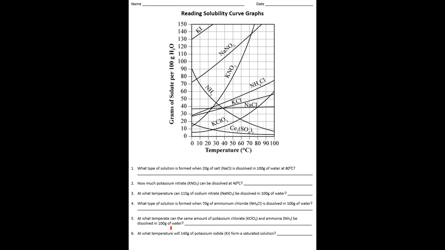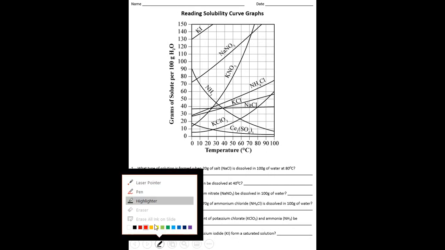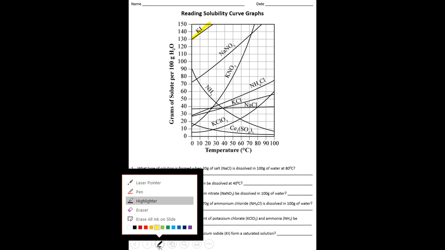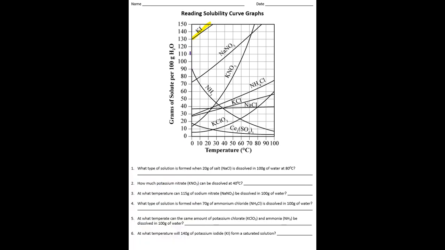All right, so the last one: at what temperature will 140 grams of potassium iodide be dissolved? First we want to find potassium iodide, the KI, which is up here. Let's just do purple.